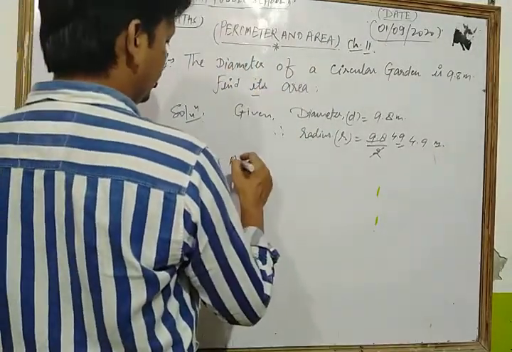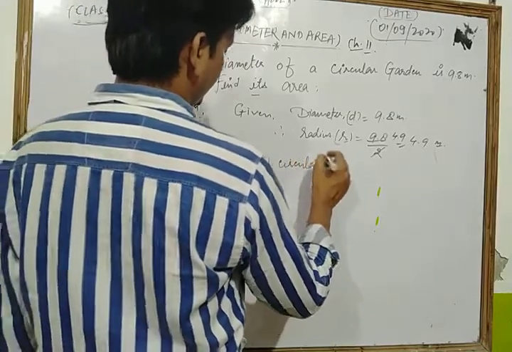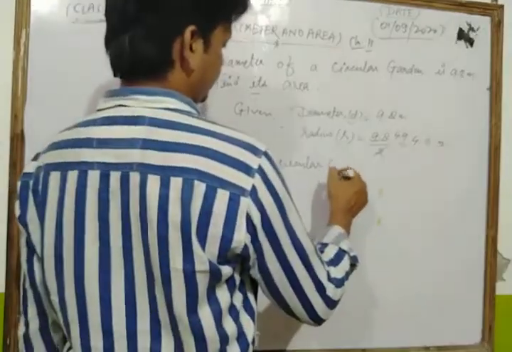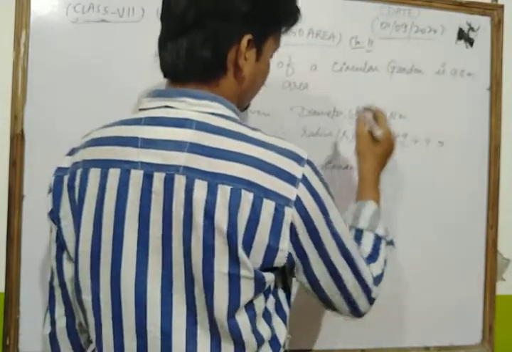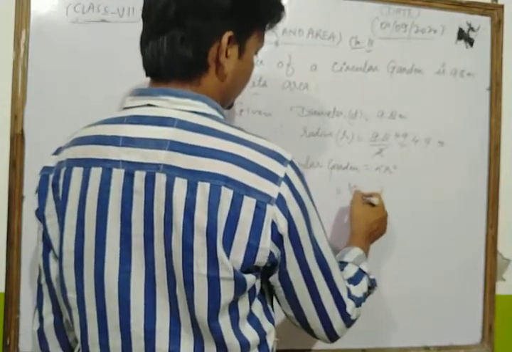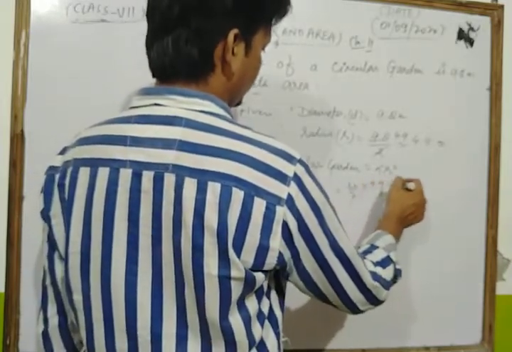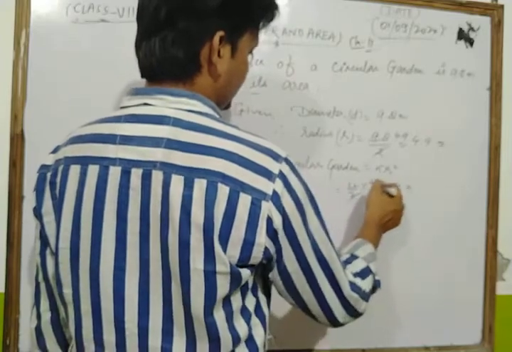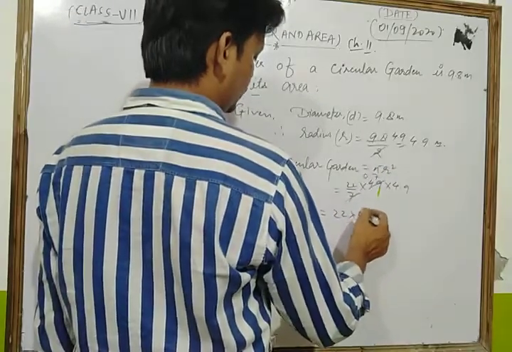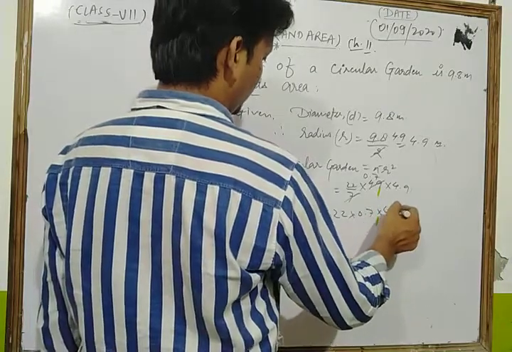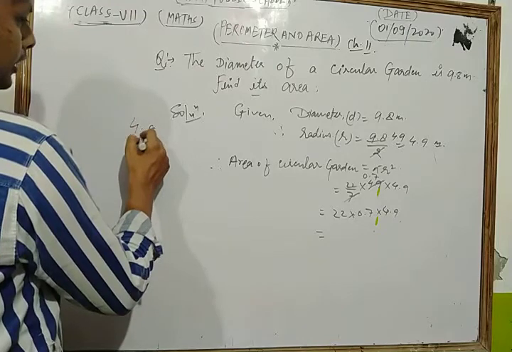Since the area of the circular garden will be pi r square, so pi is 22 upon 7. R square means 4.9 into 4.9. Now 7 sevens are 49, so 0.7. So we have 22 into 0.7 into 4.9. Now we multiply 4.9 and 0.7.